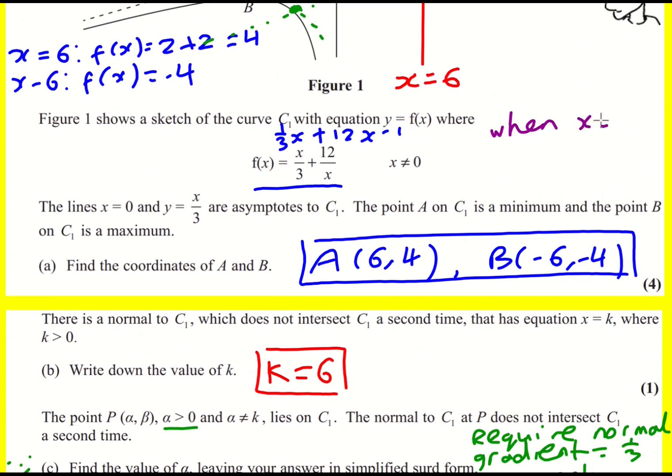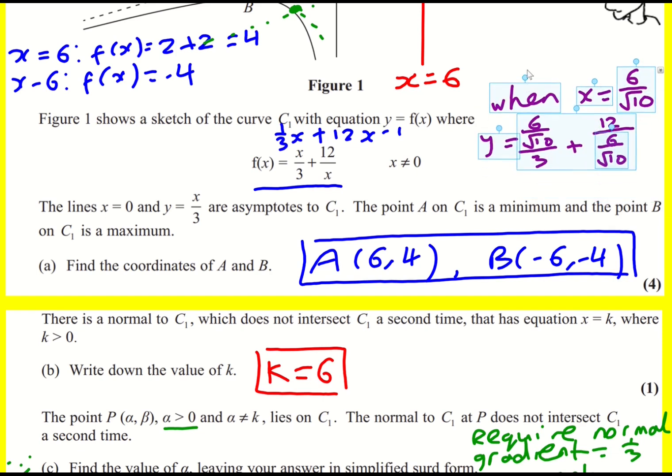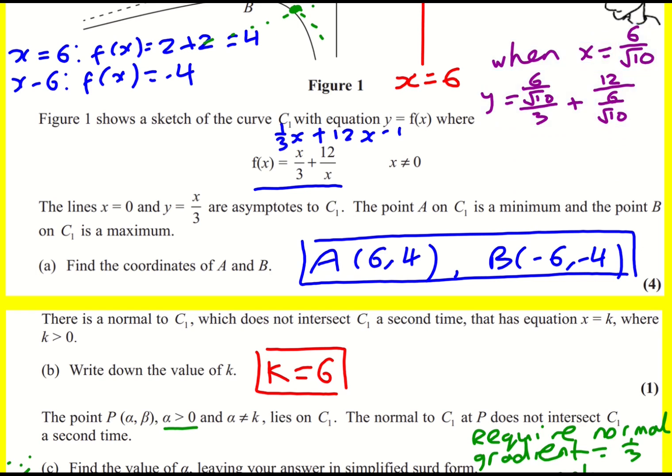So when x is 6 over root 10, y is going to equal 6 over root 10 divided by 3 plus 12 over 6 over root 10. Did not leave enough space, did I?